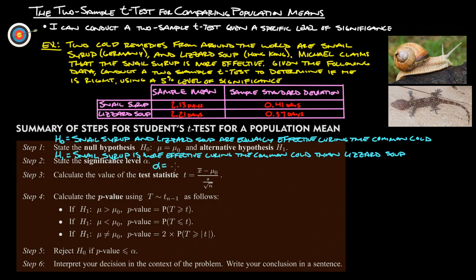Step 2, state the significance level, that is 5%. So alpha is 0.05, which is going to be this one right down here. I'm just going to rewrite this down here really quick; you can always copy that down later, but I knew it was coming up. Then calculate the value of the test statistic t, which is going to happen on our graphing calculator.